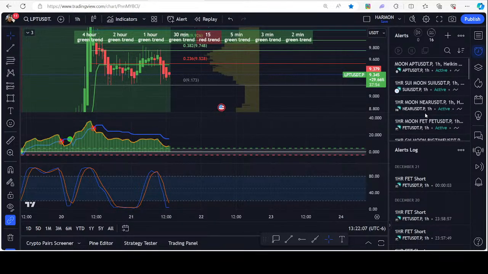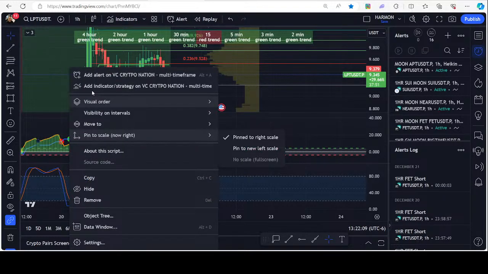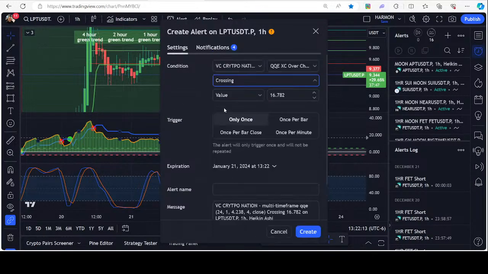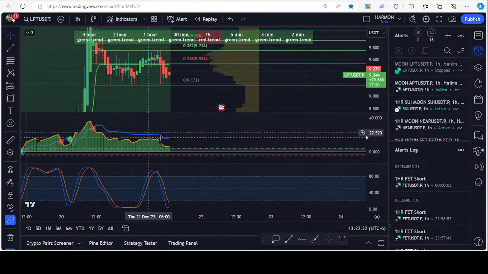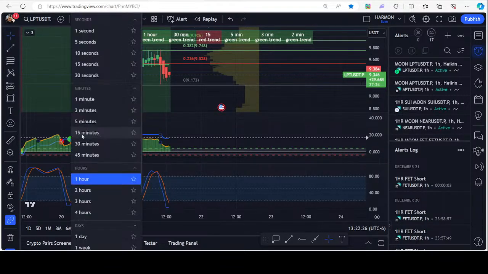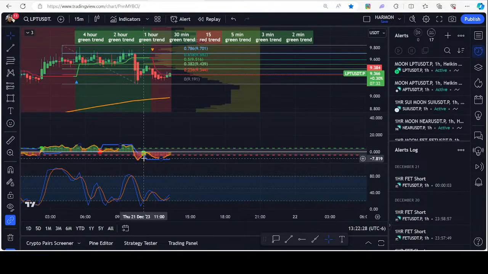And let me see if I got my LPT on here. So what I would do here is go here, add an alert, cross it over, 1 minute. Okay, moon, LPT 1 hour, create. So now I'm looking for the alert to go long here. I already know that my 15-minute would be a 15-minute moon and green trend. I have the moon.